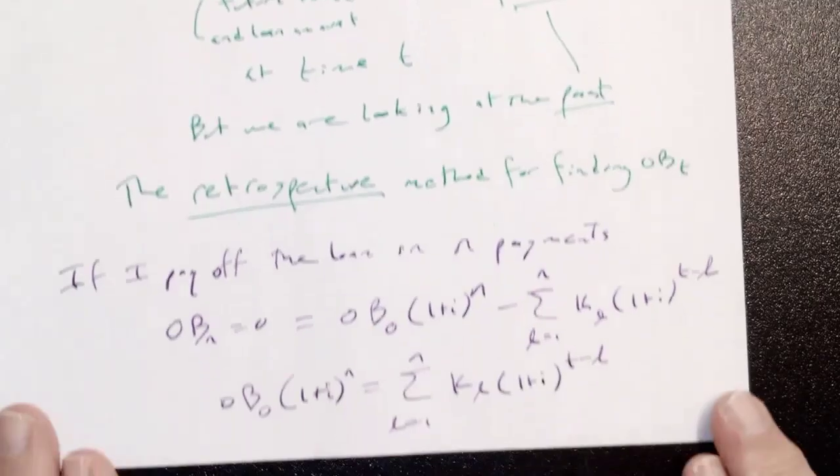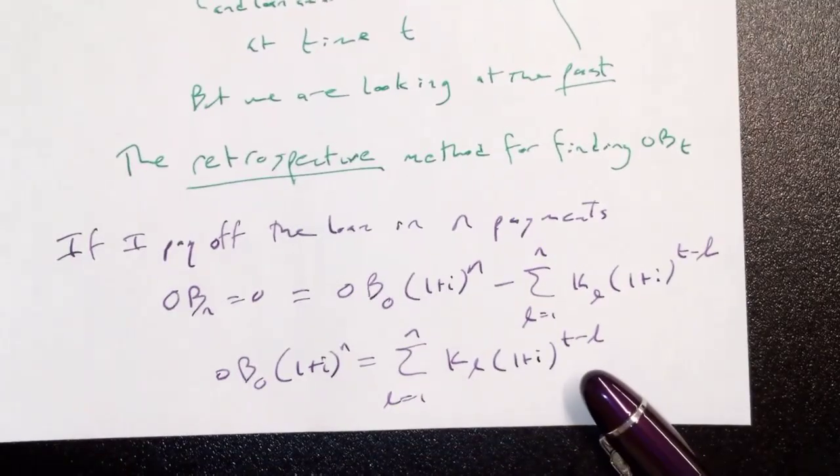This expression right here is the equation of value at time n, as opposed to at time 0. The future value of the loan is the sum of all of the payments we made. And that goes with what I said up there under the box, is that these were all the future values of the past payments.